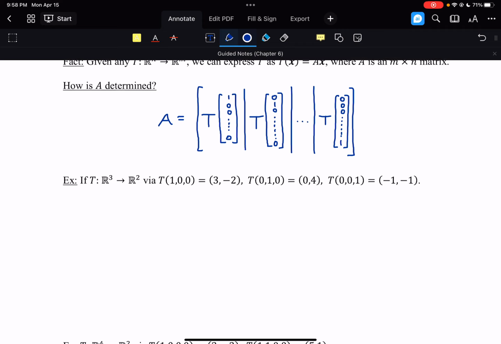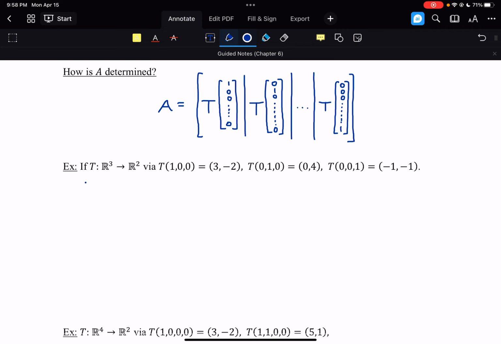So we can create the matrix A given some transformations. For example, right here we're going from R3 to R2 via T of 1, 0, 0 equals 3, negative 2. T of 0, 1, 0 is 0, 4. T of 0, 0, 1 is negative 1, negative 1.